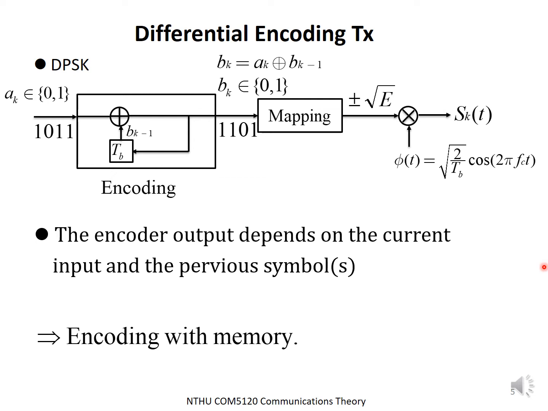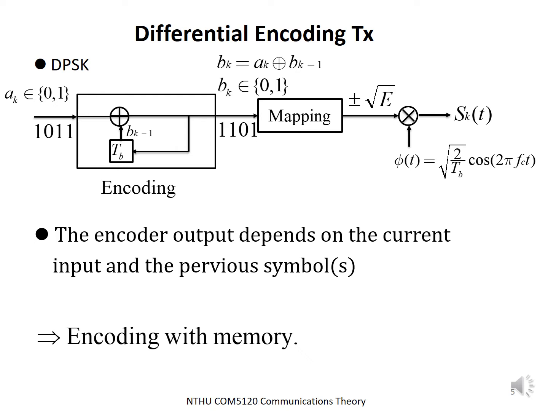So the modulation like MPSK that requires the absolute phase could be difficult. So differential encoding offers us a type of modulation where we can retrieve the information from the relative phase instead of the absolute phase in the signal.